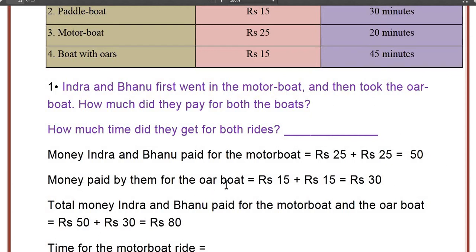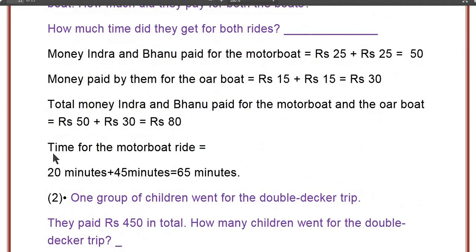Money paid by them for the oar boat is 15 rupees plus 15 rupees, which is equal to 30 rupees. So total money Indra and Bhanu paid for both the motorboat and oar boat is 50 rupees plus 30 rupees, which is equal to 80 rupees. And time for the rides is 20 minutes plus 45 minutes, which is equal to 65 minutes.